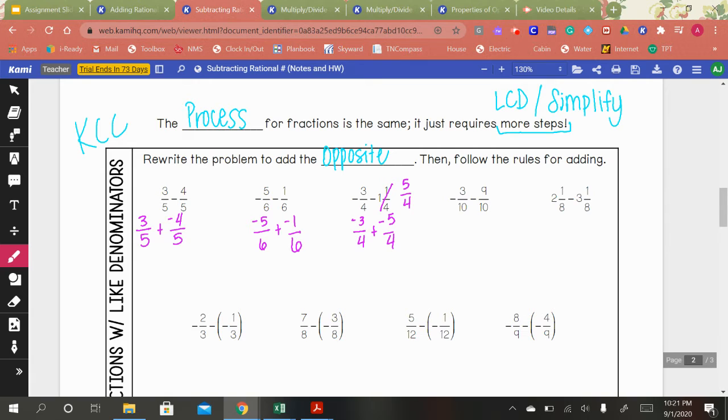Again, that process is just keep the first number, change the subtraction to addition, and change the sign of the second number. So if it's positive, you'll change it to negative. If it is negative, you'll change it to positive.